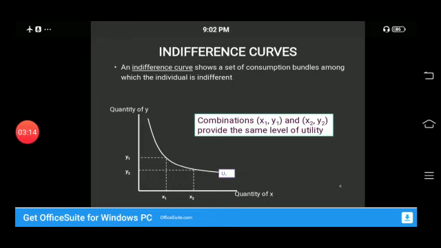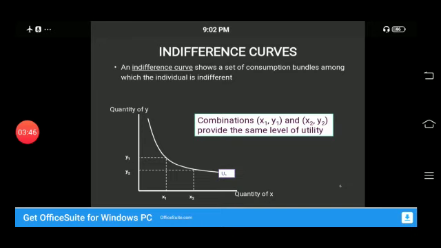So again, an indifference curve is a curve which shows all combinations of two goods which give a consumer an equal level of satisfaction. Now look at this graph, x1 y1 and x2 y2. These are two different combinations. We can choose an alternative combination which will give the same net utility or satisfaction.